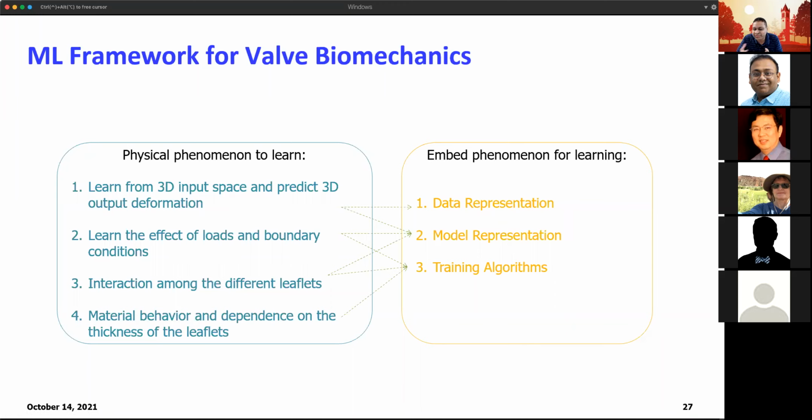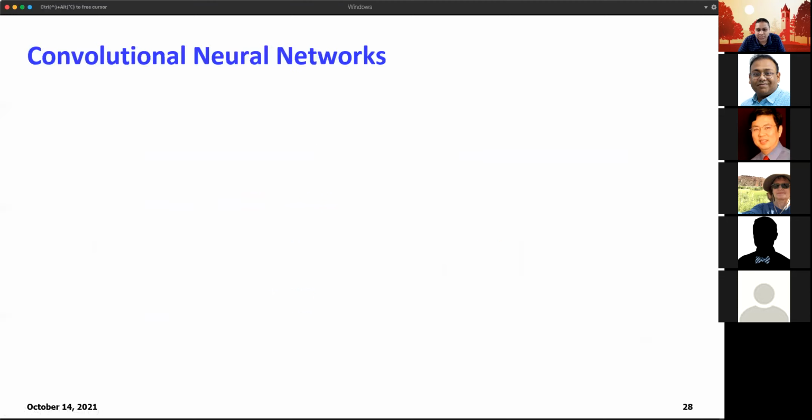It could be made stiffer or softer, or it could be made thinner or thicker, etc. And based on that, obviously the behavior will be different. So considering all these, we essentially developed a new data representation, a machine learning model representation, and also modified the training algorithms to capture this phenomenon.